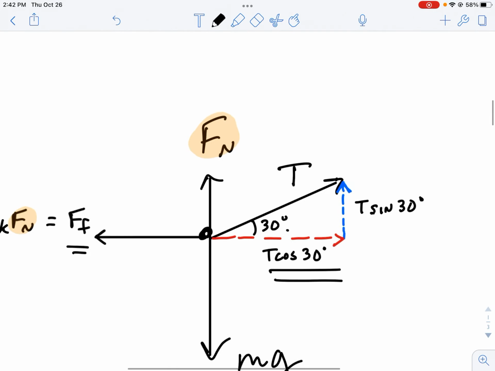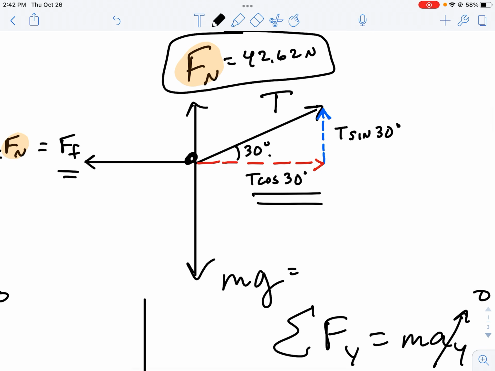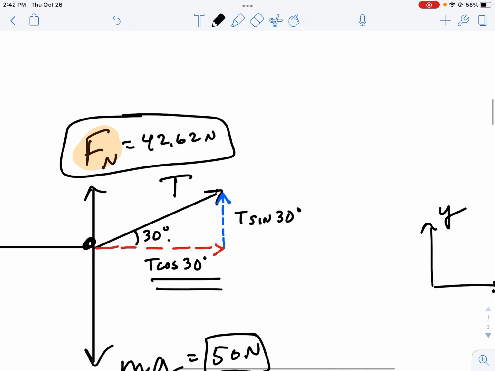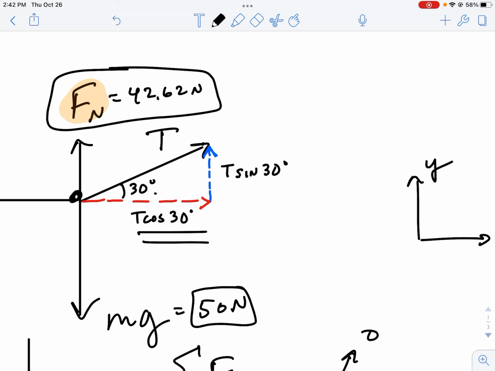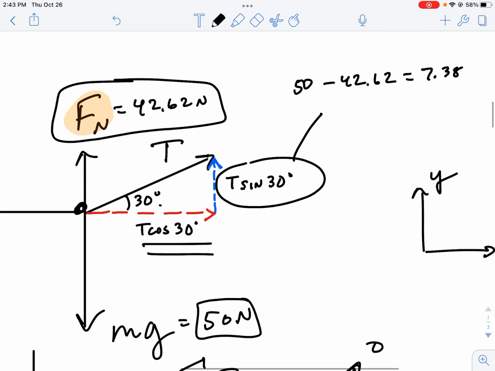I'll go back to my drawing up here, 42.62 newtons. So we just figured out Fn. I said this was 50 newtons because it's 5 kilograms times 10 newtons per kilogram. That means this value, T sine 30, has to be 50 minus 42.62, which equals 7.38 newtons.